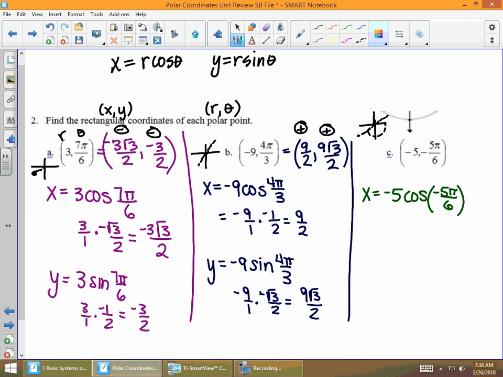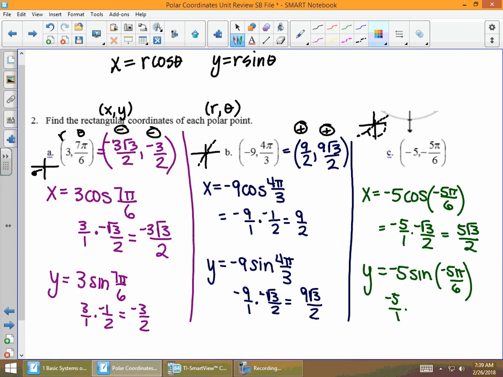If you'd rather work with that positive angle, negative 5 pi over 6 is the same as 7 pi over 6. And we already did cosine of 7 pi over 6. It was negative radical 3 over 2. And there we ended up with a positive x coordinate, which is what we expected. And here, sine of negative 5 pi over 6, again, that's the same as sine of 7 pi over 6.